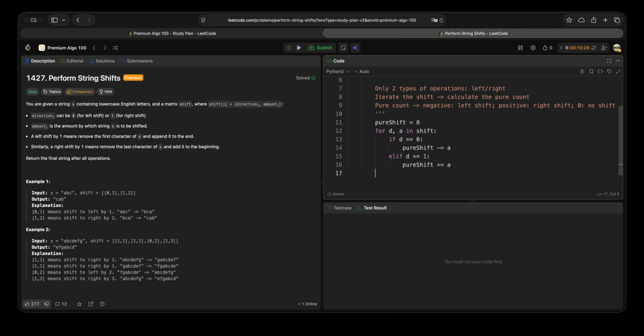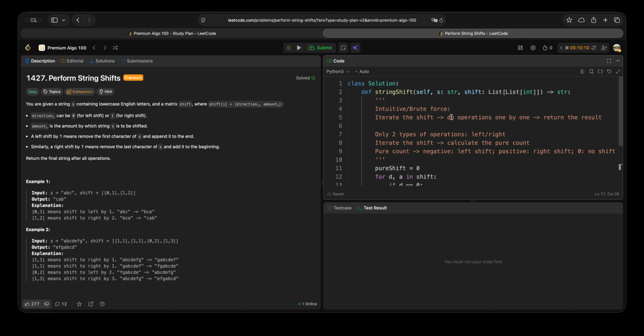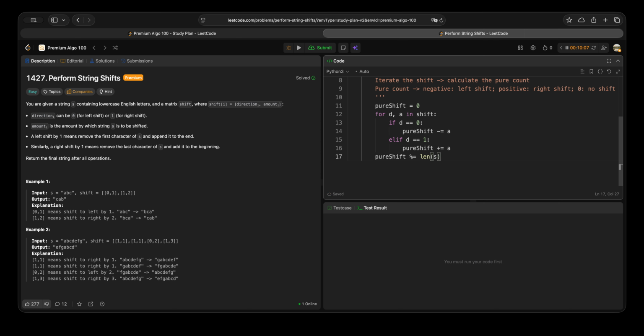But before processing the further steps, we want to do something that is quite more robust here. For pure shift, we want to do a modulo with the length of the input string s, because the value of pure shift could potentially be larger than the length of S. We don't want that scenario, as it will make things more complicated.